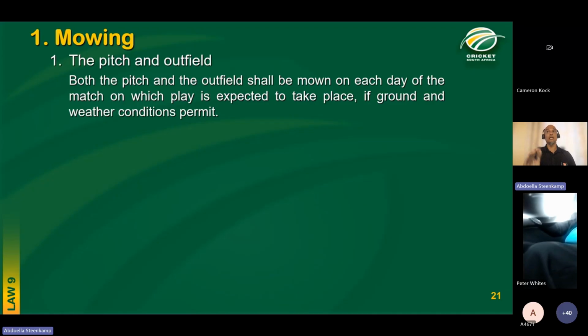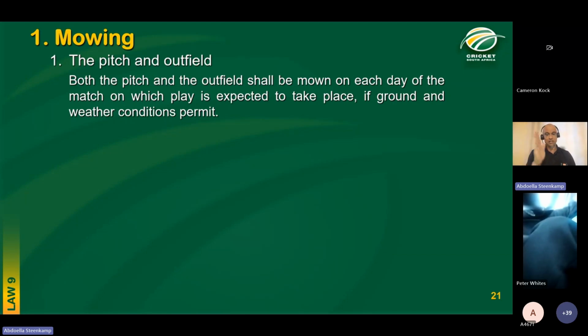You'll be amazed to see how quickly grass grows overnight. I've seen it from the evening of day 1 to the morning of day 2. Grass grows quickly, especially the grass on the pitch. So try to keep conditions the same on day 1, right up until day 5.